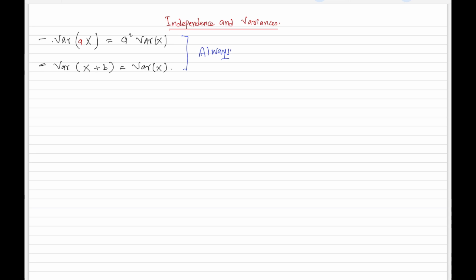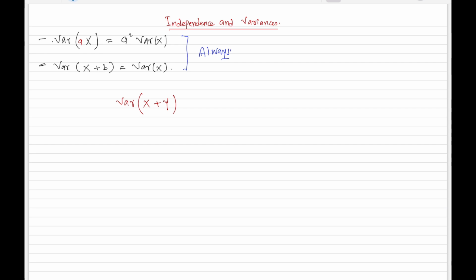Now, you must have seen that there are many situations where we are adding random variables. So I think it would be interesting to see the variance when we add those random variables. What happens to the variance of the sum of random variables? Let's say we have two random variables, x plus y, and we are adding them. What happens to the variance of the sum?